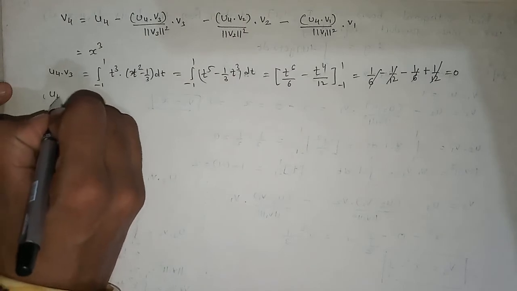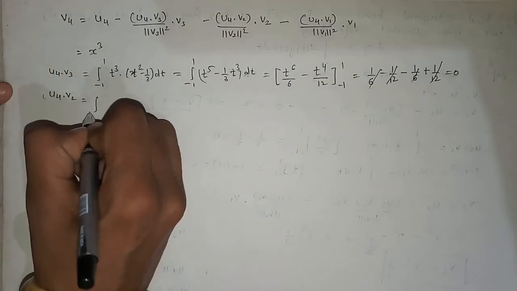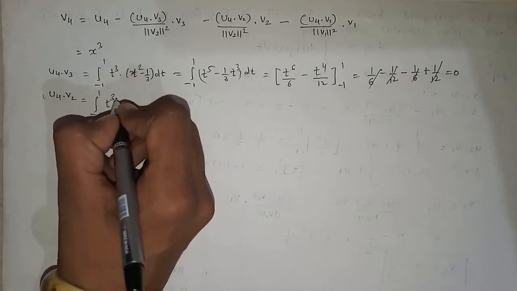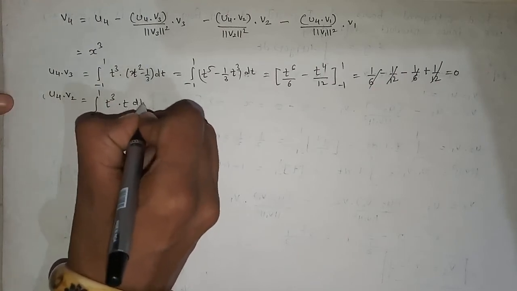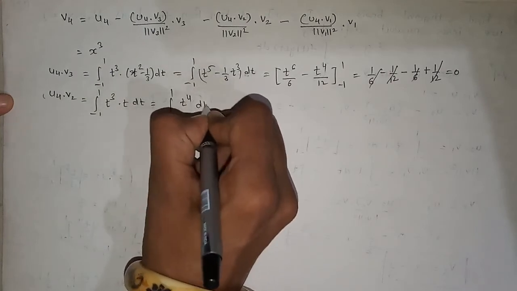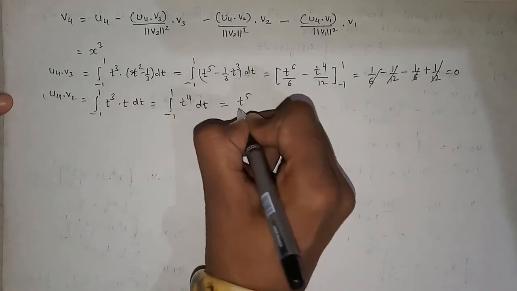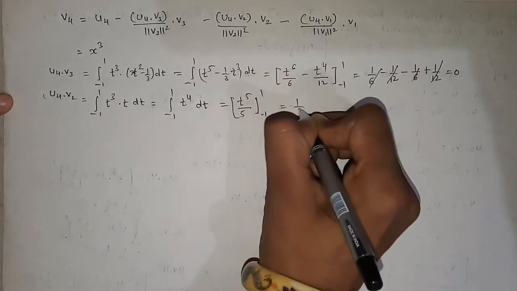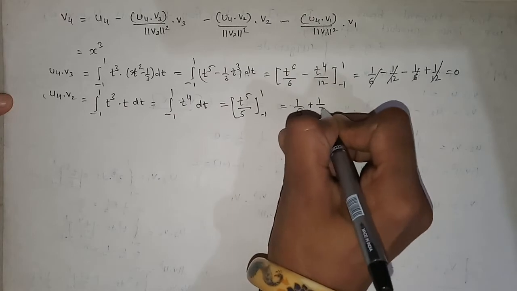Now u4 dot v2. So integration from minus 1 to 1, u4 is t cube and v2 we have t dt. So integration from minus 1 to 1 of t raised to 4 dt. So this becomes t raised to 5 upon 5, from minus 1 to 1. So 1 by 5 minus minus plus 1 by 5.